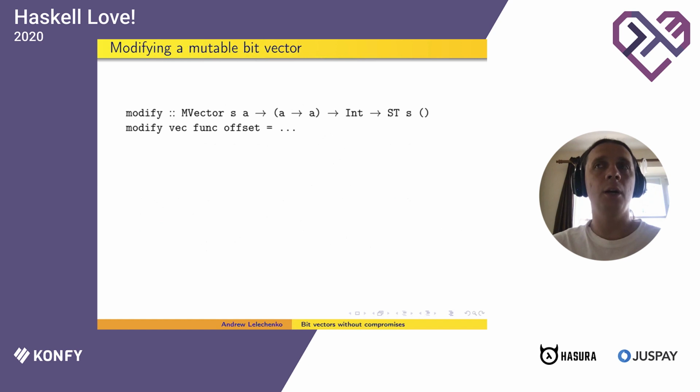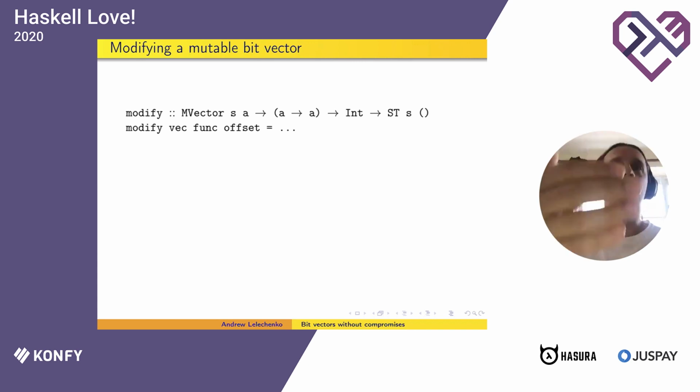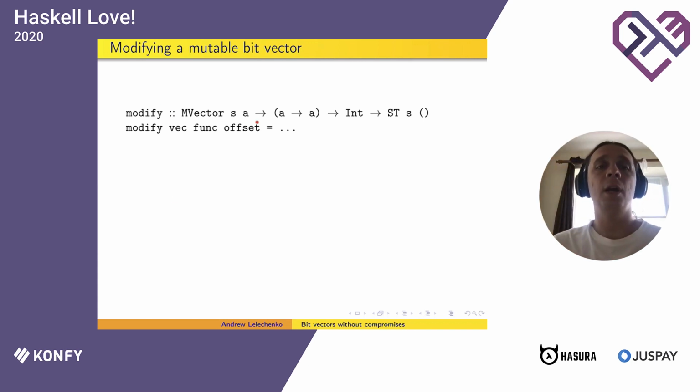Going further, we have read and write, and the next function is modify. The vector package provides a built-in modify function, which is actually implemented in terms of read and write. You pass an array, a modifying function, and an offset, and it will modify the value at this offset by applying this function.